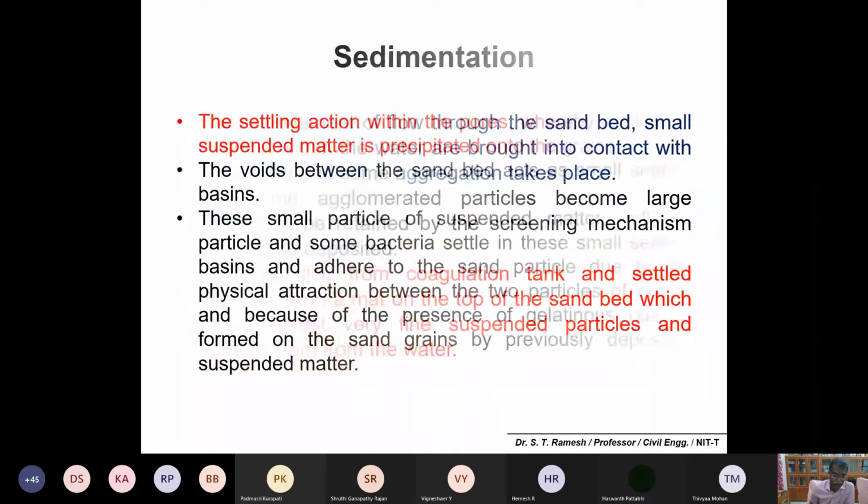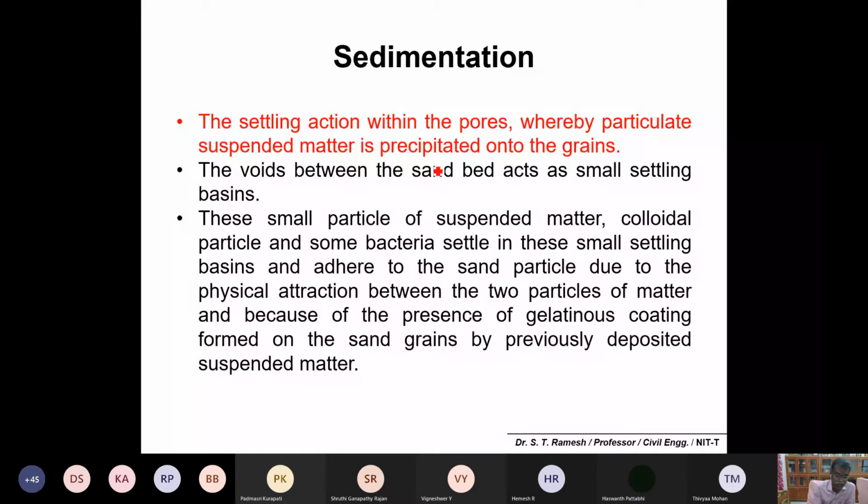Then sedimentation: the space between the individual grains will act as a sedimentation basin where the particles start settling down. So you can call it sedimentation action.